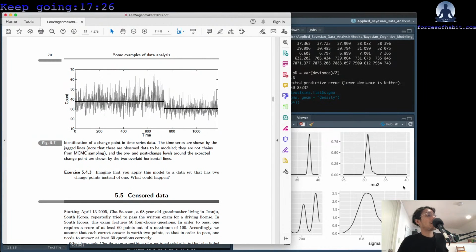It could also be the case that there are three, right? But we're not specifying three, so we could go and check that too by making a model that intentionally specified three.